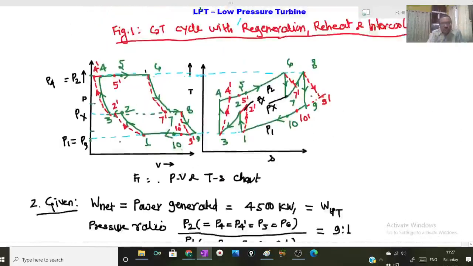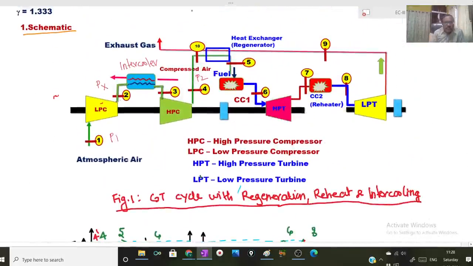So let us get back to this schematic. See, this LPC and HPC are connected to this HPT turbine with the help of this coupling. And as you know, coupling is a mechanical device, so there will be loss of power. That means whatever power is being supplied from HPT to both the compressors shaft will not be fully available. Some of the power will be lost, and that is due to mechanical efficiency of this coupling.